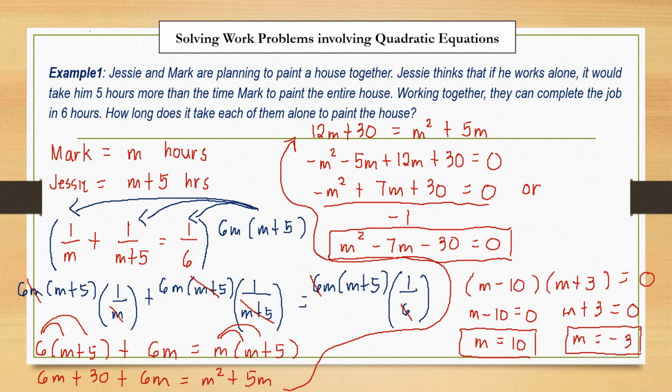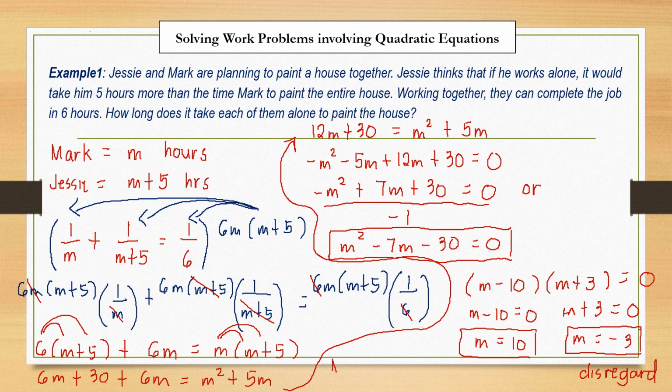So what we're going to do with negative 3 is we will disregard this value since there is no measure of time that is a negative number. So we will only consider m is equal to positive 10. So we have said that m represents the number of hours that Mark will finish the job if he works alone.